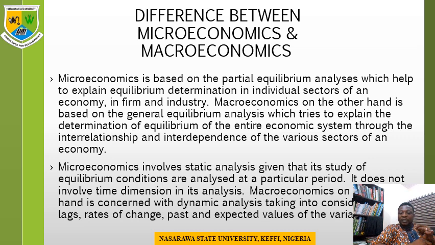But macroeconomics, on the other hand, is based on the general equilibrium analysis, which tries to explain the determination of equilibrium of the entire economic system. So it is not particular about this, but generalizes through the interrelationship and interdependence of the various sectors of an economy.